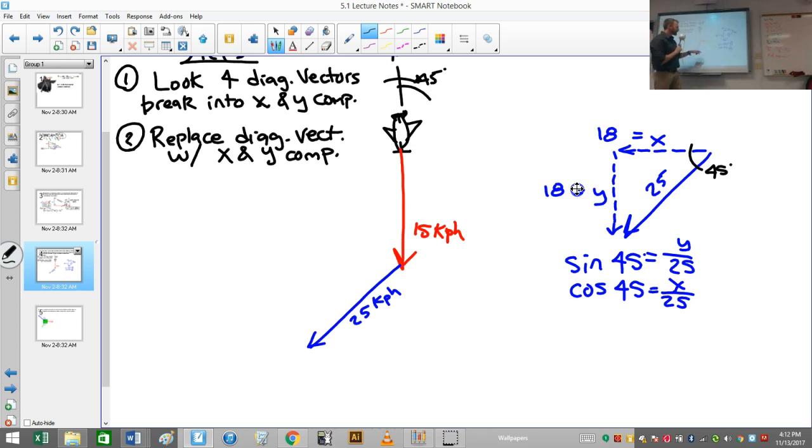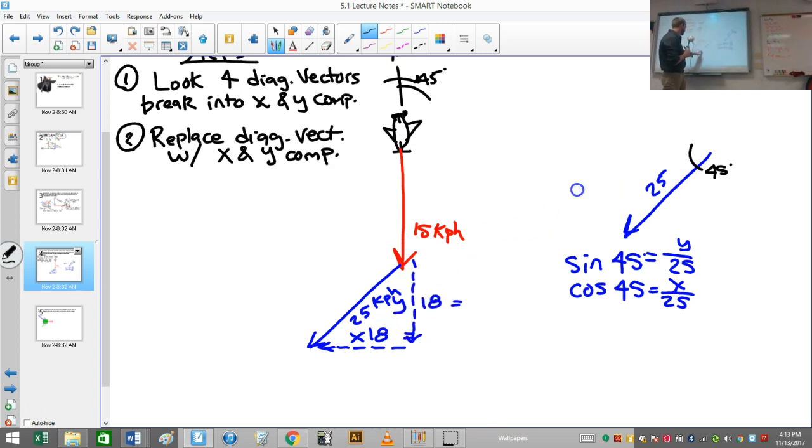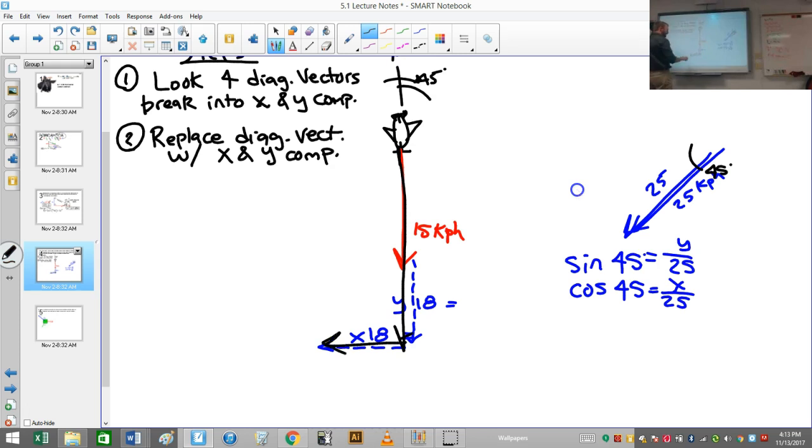So this 25 kilometers per hour, I'm going to replace it with this one and this one. It's a little bit muddled, but I'm going to take that one away. And now, if you'll notice, I have kind of a right triangle. I've got a leg right here, and I've got a leg right here. So I can have my resultant.